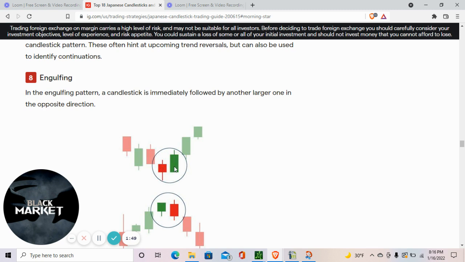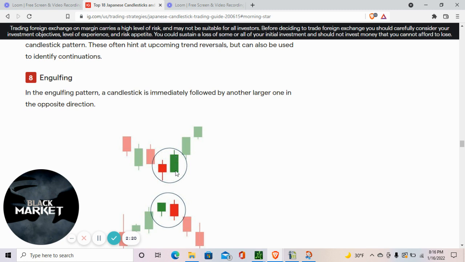Now, this next candle that comes in is bullish engulfing. Essentially, this is an opposite color candle that completely engulfs, or encapsulates, that previous candle. So you can see here, price opened here, closed here, and we had a little bit of selling pressure come in. But essentially, sellers tried to push the price down a little bit, but it didn't do anything, because buyers stepped right in and pushed the price right back up.